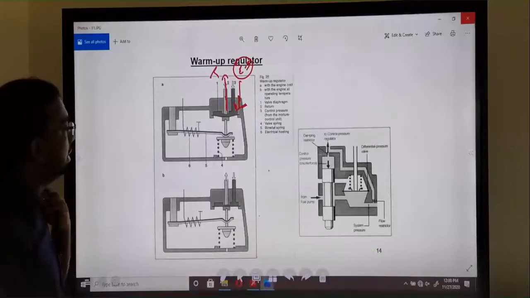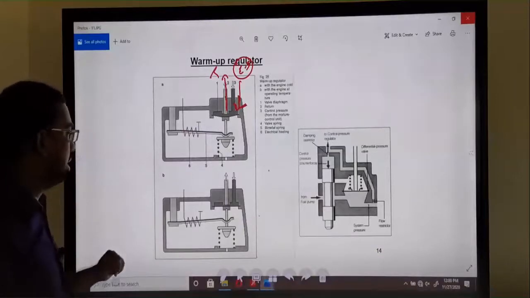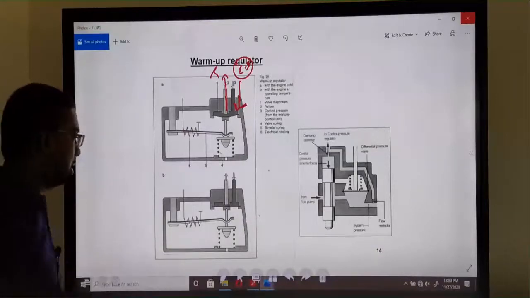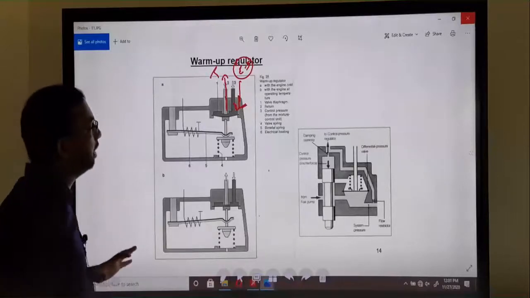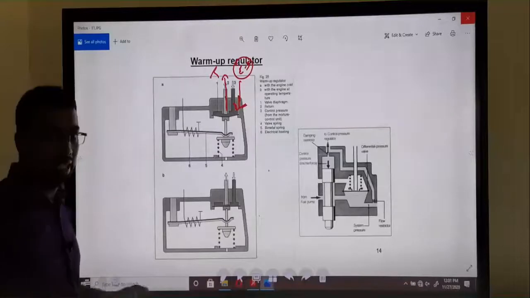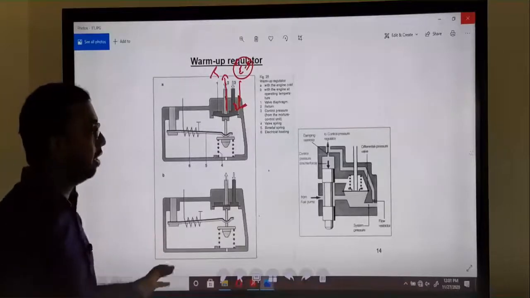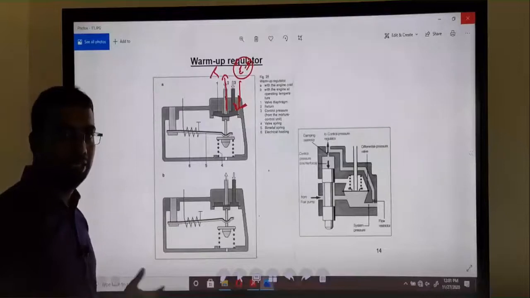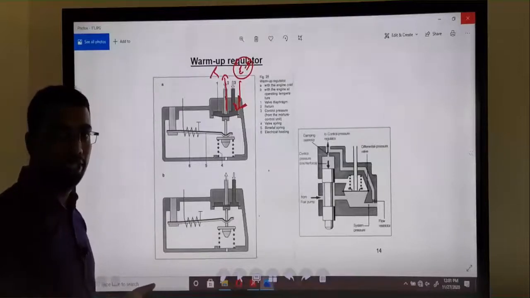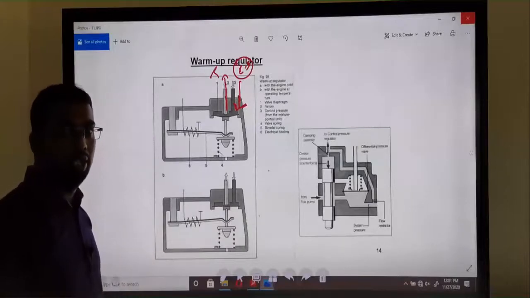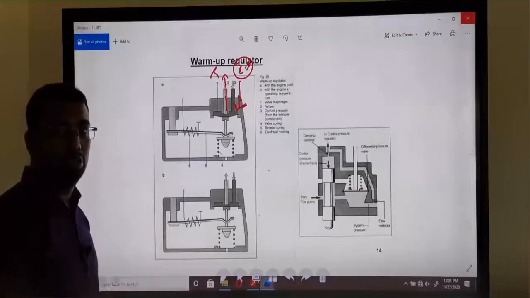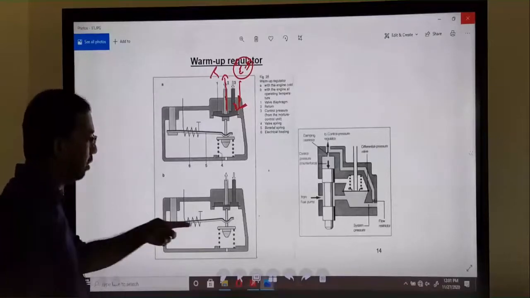Sorry, I explain. The normal condition is this. When can we get the high pressure? Because this is linked with the cold start injector. When it is cold, this line works with high pressure. The demand is high, so we have to give much pressure to send rich fuel. This is the normal condition.